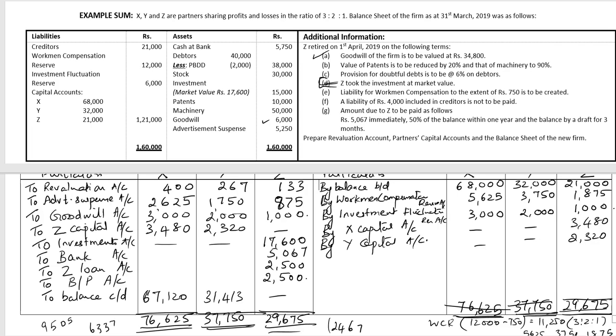The amount which was immediately paid to Z, 5,067, will be deducted from the balance of bank, and only the balance will be shown in the balance sheet. 2,500 rupees Z's loan will be shown on the liability side, and 2,500 rupees draft or bills payable, which is accepted by X and Y, will also continue to appear on the liability side, and the other assets and liabilities will be revalued as per the information given. So let's go ahead with the balance sheet.